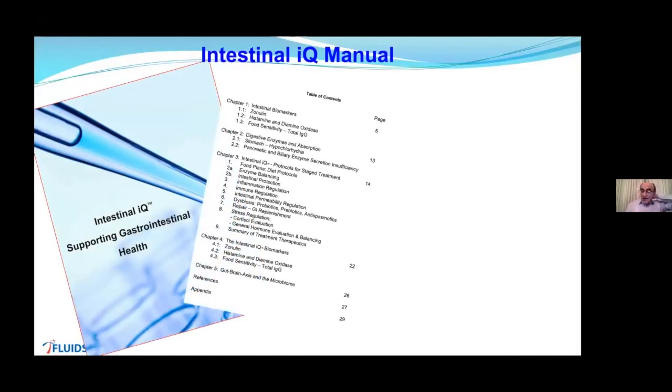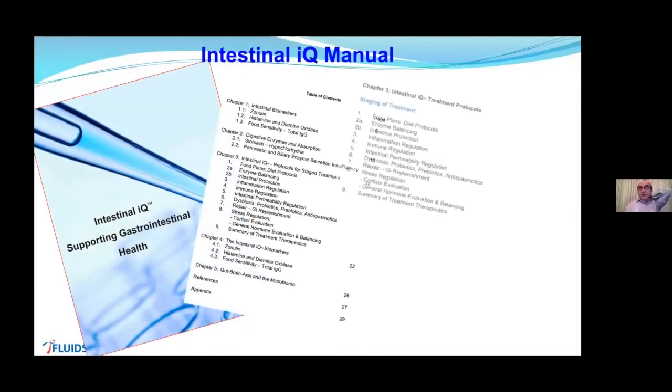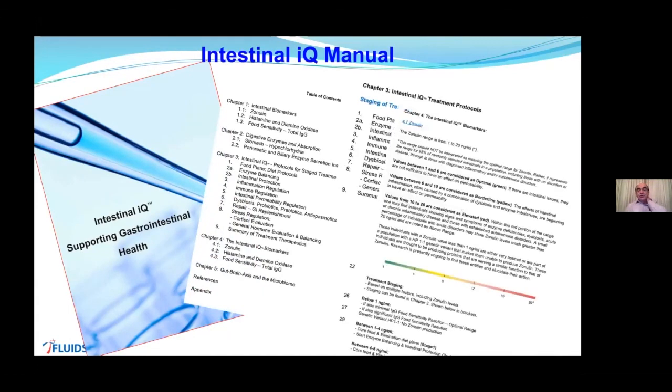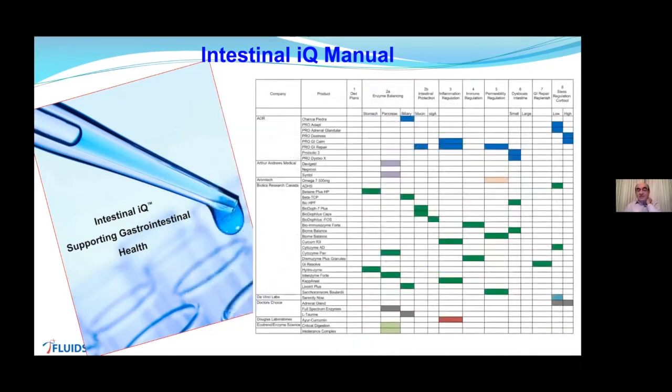We also provide with our company, for those who are with us, a large manual of about 40 or 45 pages, which goes through all of the different protocols for treatment, which you are going to find very interesting.